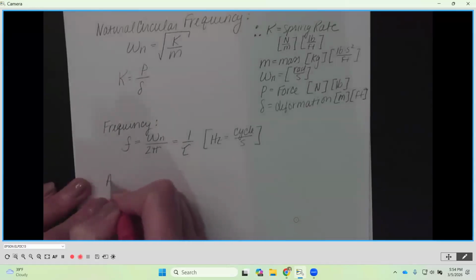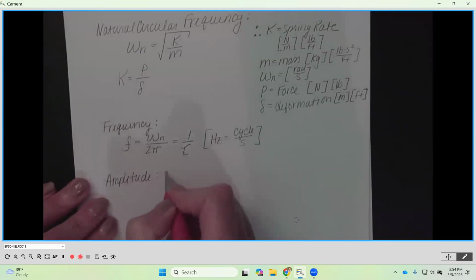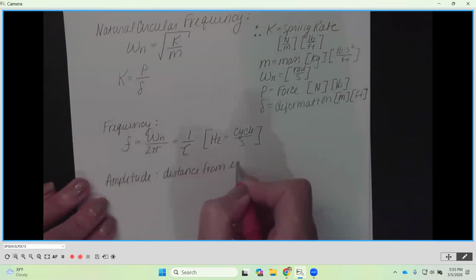So amplitude, okay, is the distance from equilibrium.